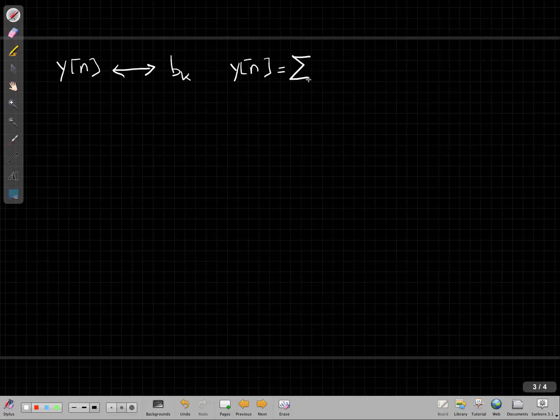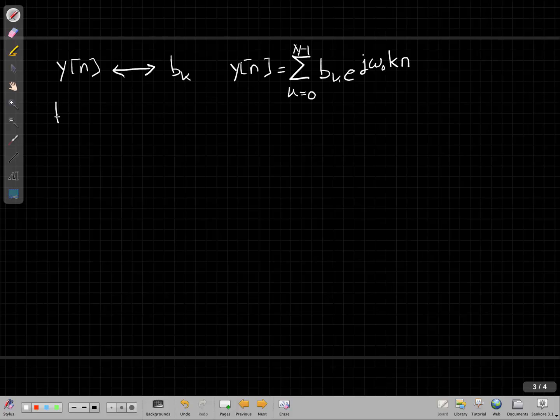So this is saying that if I take the sum as k goes from 0 to N minus 1 of b sub k e to the j omega naught, the fundamental frequency, times k times n, I'll get back this signal.